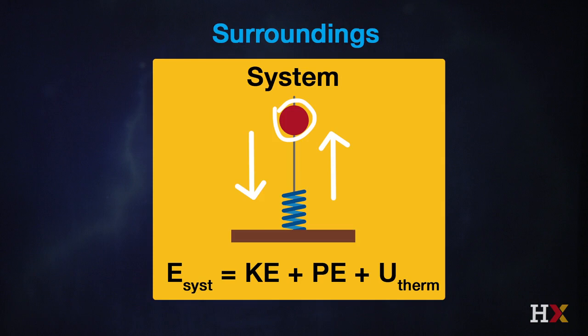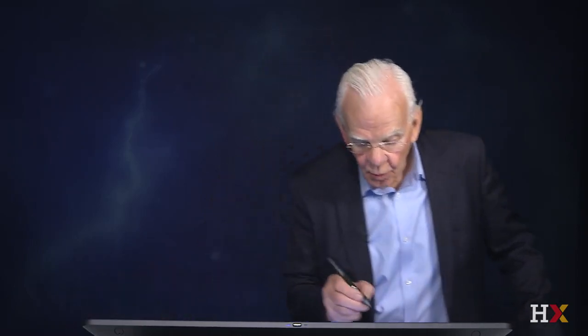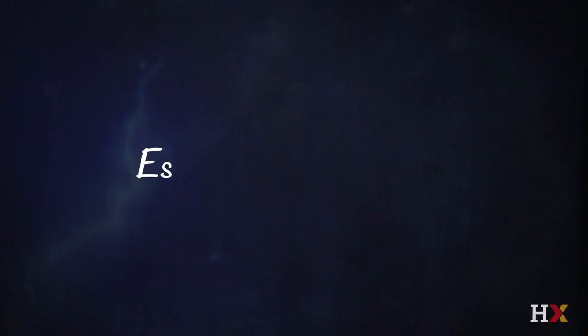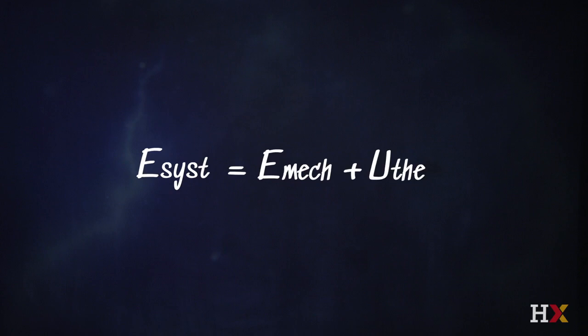And this would be manifest, for example, if we took a picture in the infrared: that rod that the ball was sliding up and down would glow red in the infrared because of the conversion of mechanical energy to thermal energy. So we want to write the energy of our system as equal to the mechanical energy, that is the sum of kinetic plus potential energy, plus the thermal energy that represents the motion of the molecules.